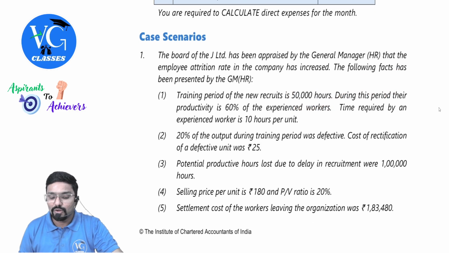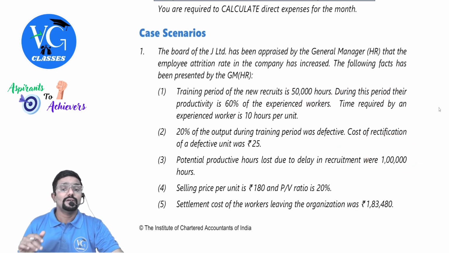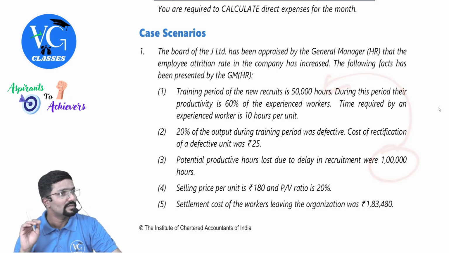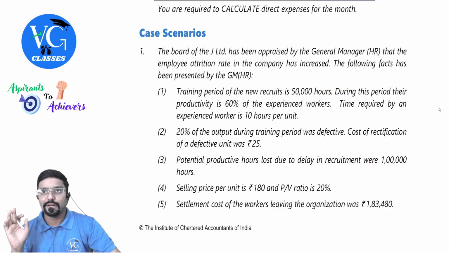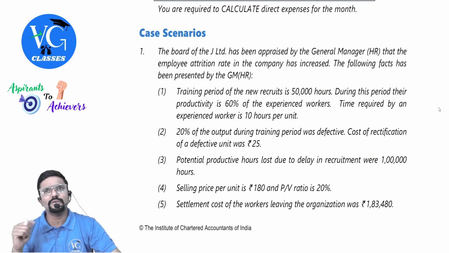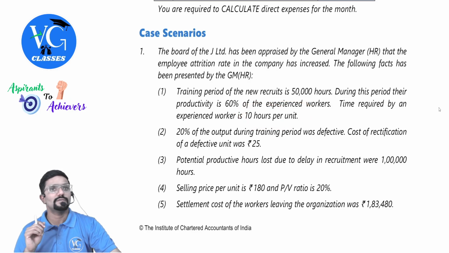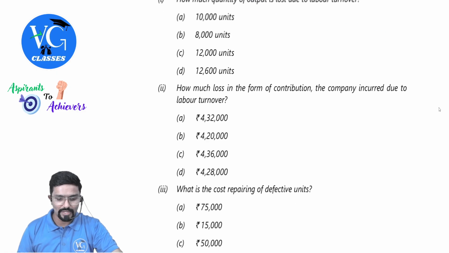Then what are the productive hours lost due to labor turnover? 1 lakh. And please be careful, 1 lakh is over and above this. 1 lakh is separate. Over and above that, 50,000 into 40% also is there. Then, what is the time required to produce each and every unit? 10 hours. So, using this, we have to calculate the output we have lost, guys.